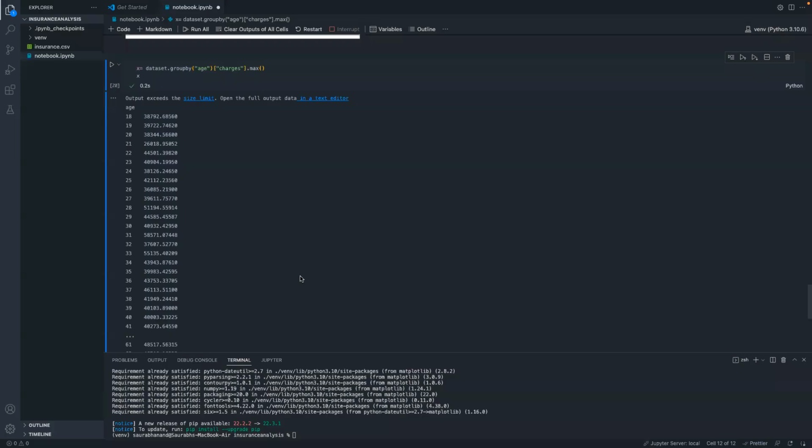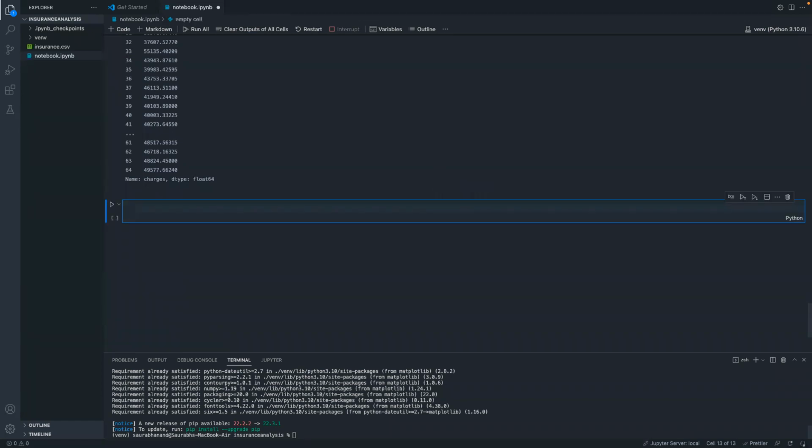So let's try doing what we just saw. I'm going to do dataset dot loc bracket dataset, as I said, we'll put charges, and we'll put the charges value equal to dot max, and then comma, as we saw in the Stack Overflow solution, age.